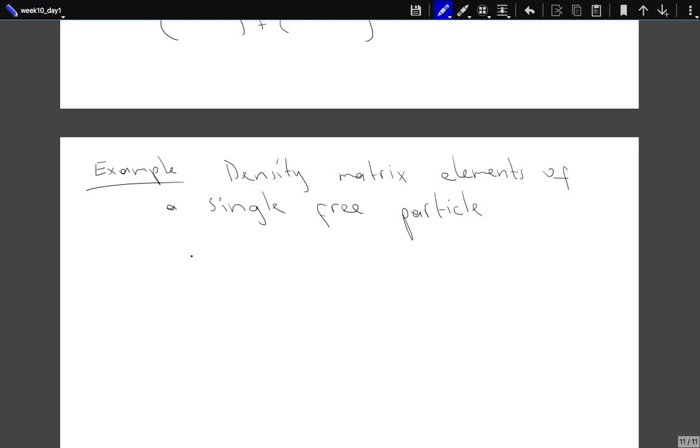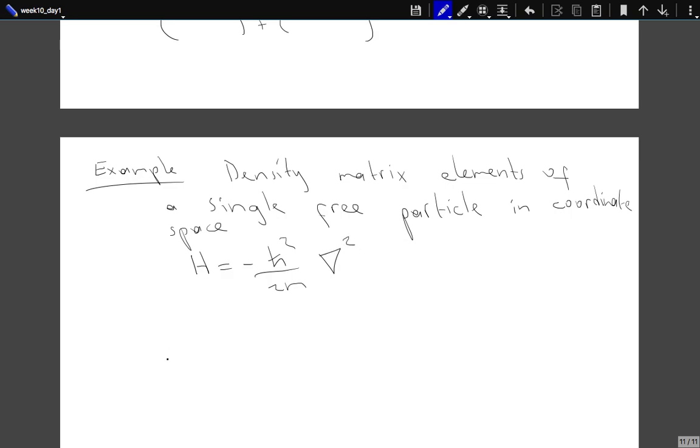Well, the Hamiltonian of my system in coordinate space is minus h bar squared over 2m, the Laplacian.